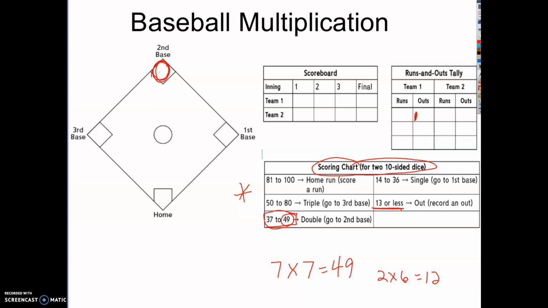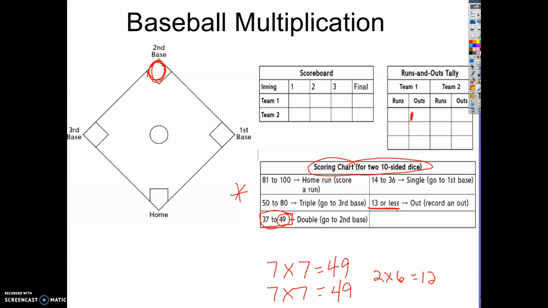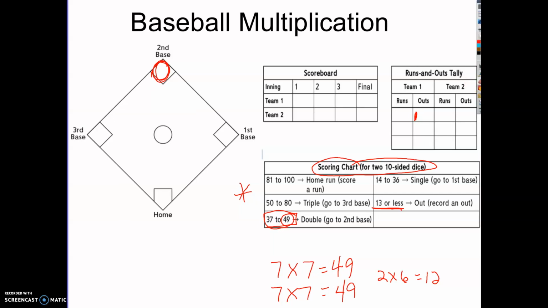Then the next person goes on my team. Let's say that person also, just for luck, had 7 times 7. Well, what does that mean? That goes to second base, but I'm already on second base. Well, if you know anything about baseball, friends, then whoever is on that base is going to move.